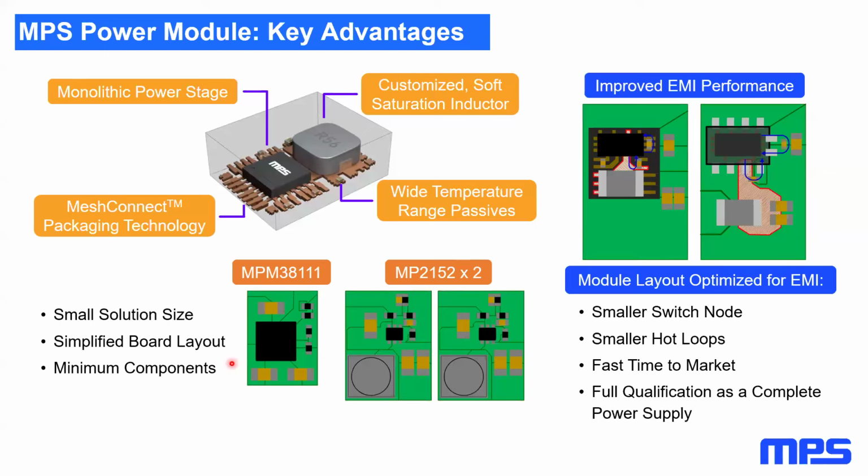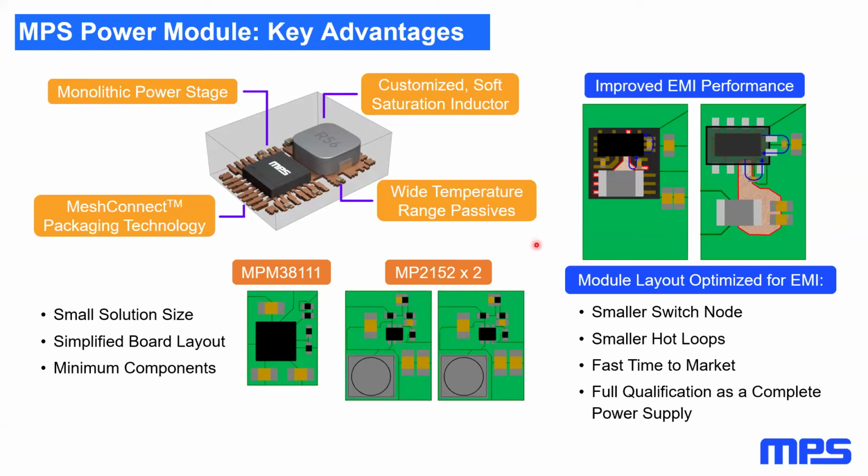The risk of this is greatly reduced by using our power modules, and also by adding all of these elements into a single package, we reduce the size of the BOM, which also simplifies the manufacturing process and the procurement process as well.